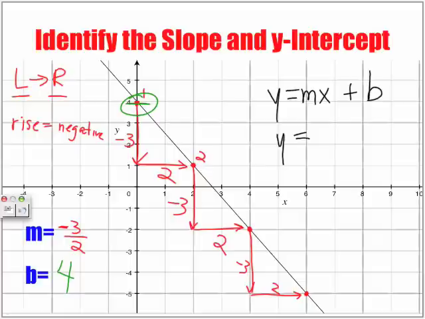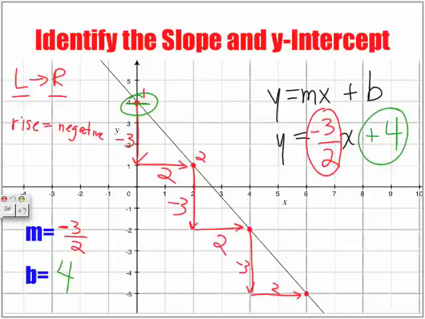Our m value is -3 over 2. But remember, we cannot just write -3 over 2. We need to include x with it. And our y-intercept, our plus b, is +4. So here we have our slope and our y-intercept.